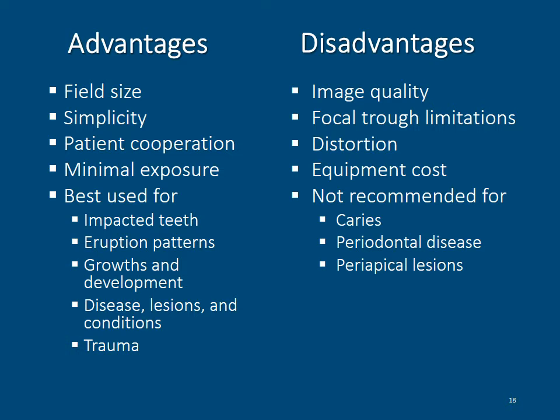And then there are diagnostic exams for which these types of radiographs are not recommended, and that is for carious lesions, decay, periodontal disease, or trying to determine periapical lesions when we're looking at conditions located on the apexes of individual teeth.